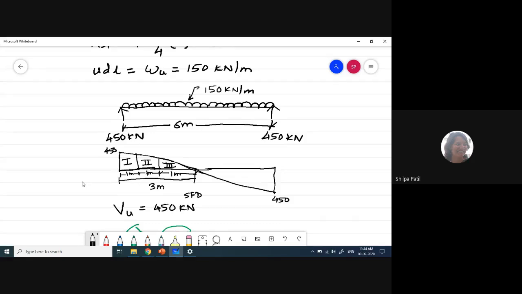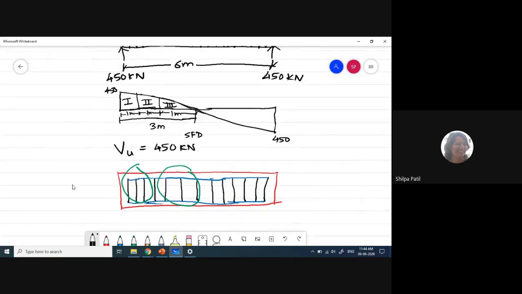I'm repeating the statement: dividing the entire beam in 3 zones for curtailment of shear reinforcement. Is it over? Yes, ma'am.